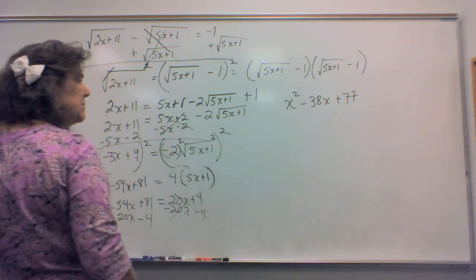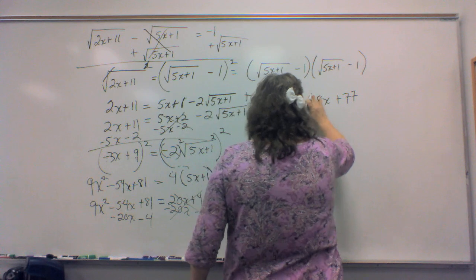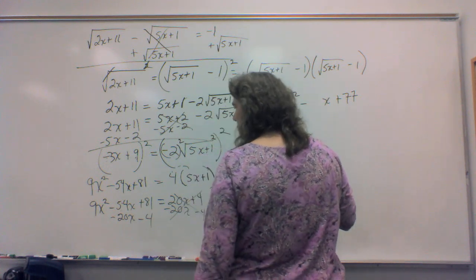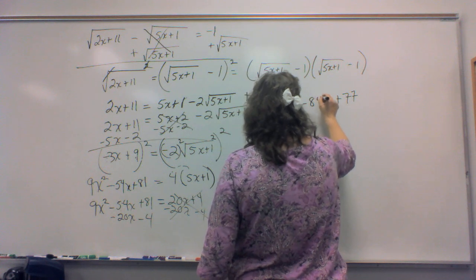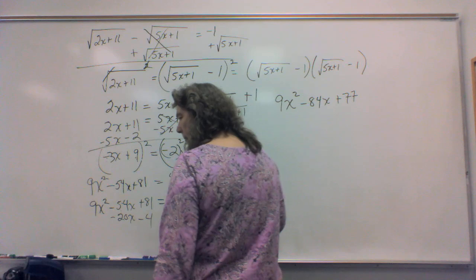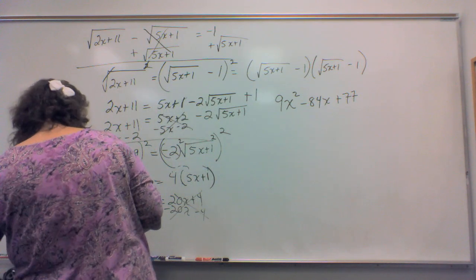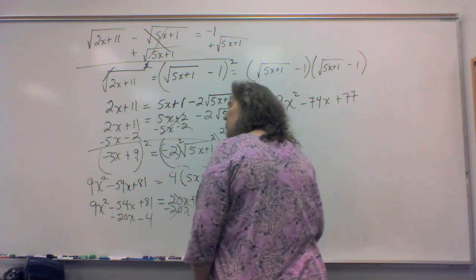See, it's easy to make mistakes on this. 9x squared. And now this one is 54 minus 20 gives me minus 74x plus 77. Okay, get my numbers right.